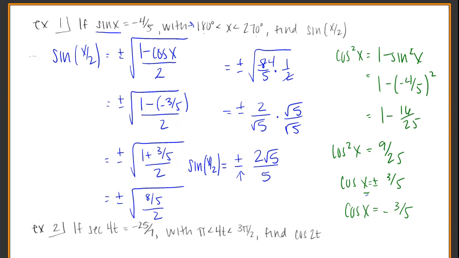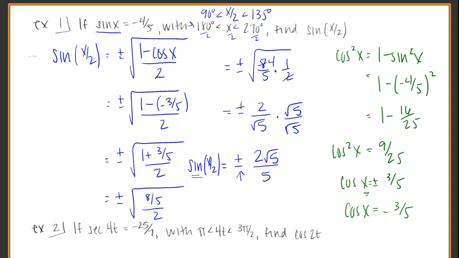So if x is between 180 and 270, then x over 2 is between 90 and 135. Just divide everything by 2 so that way we can figure out what it is. Okay, so what are my y values when I'm between 90 degrees and 135?